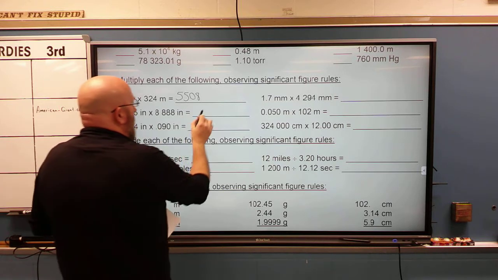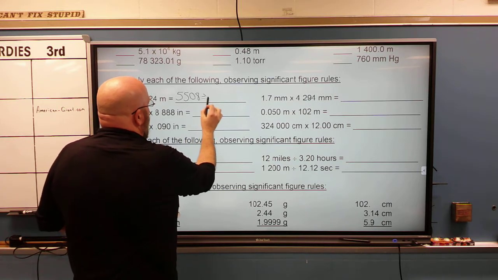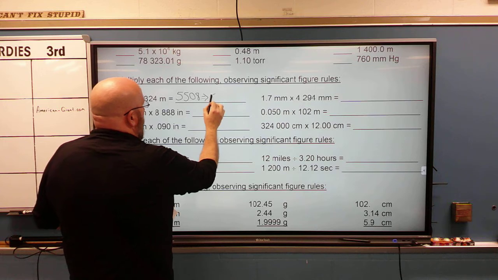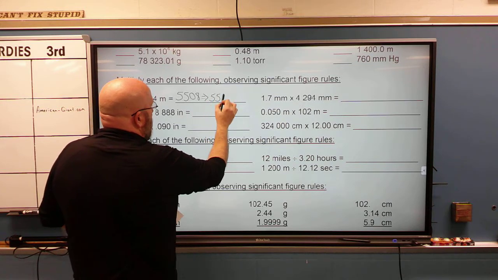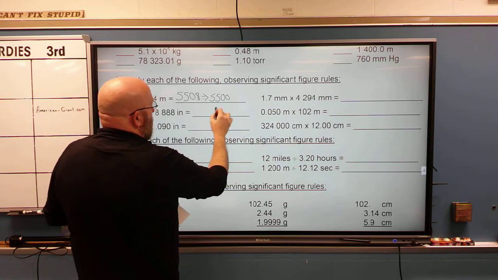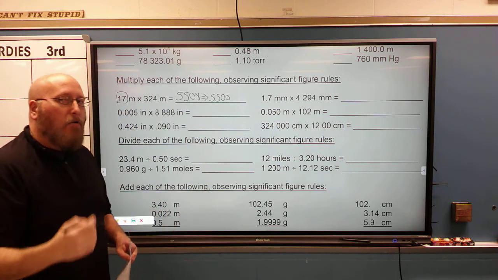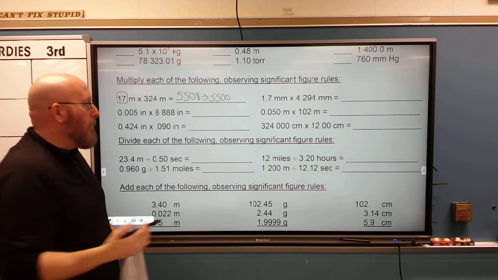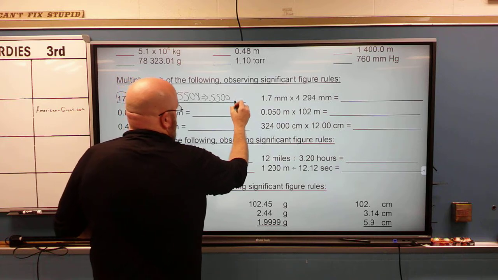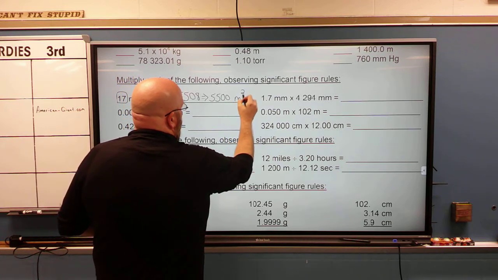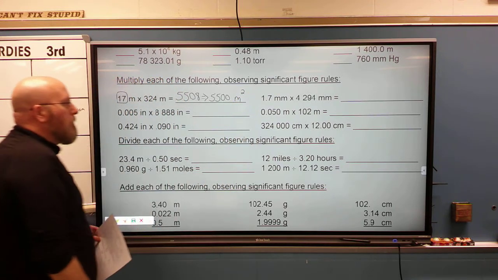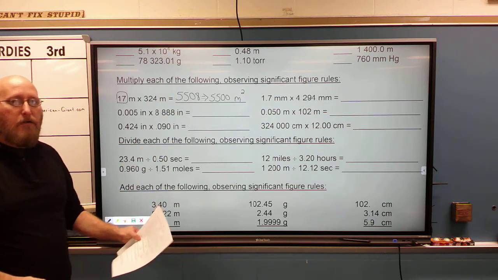So my answer has to be 2 significant figures. That would be a 5, then a 5, and then those 2 zeros, because those 2 zeros aren't significant since I don't have a decimal point. And don't forget to put your unit, meters squared, okay? So that's 2 sig figs right there.